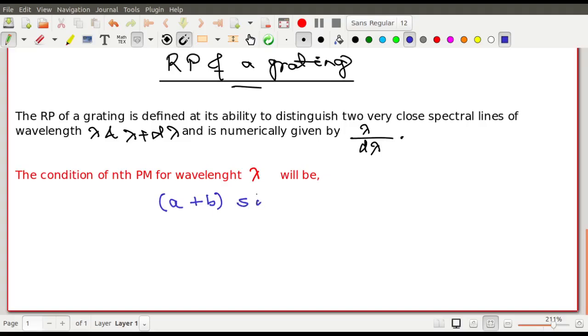So it is a plus b, right? a plus b sin of alpha is equal to n lambda, right? That's the condition.